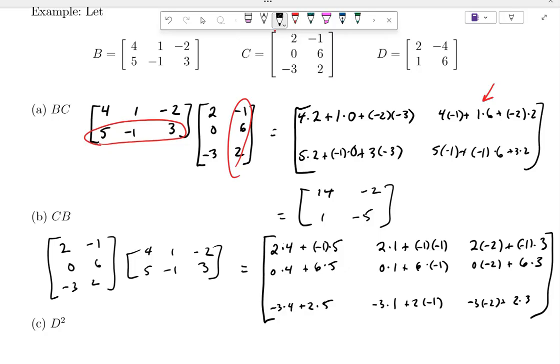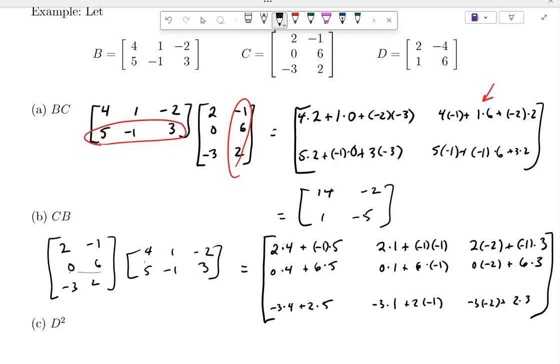So I went ahead and wrote in the entries. So again, as we go across the second row here, we would take the 0 times the 4, the 6 times the 5, and add it together to get that first entry in the second row. Because again, we're matching row 2 with column 1. Notice as you go across the rows, I'm going to match those same 0 and 6 with the other 2 columns, right?